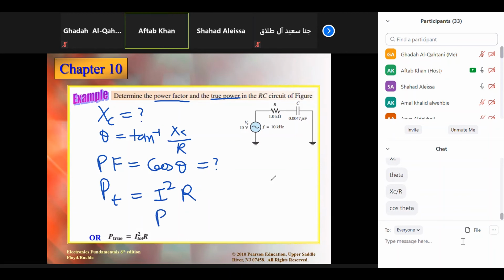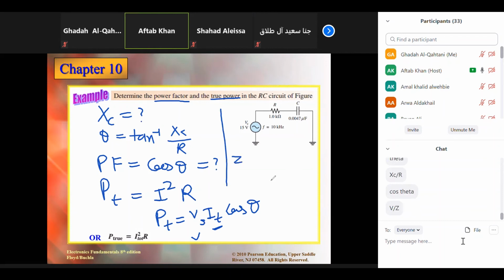Do you remember this formula? P is equal to V I cosine theta. Yeah, this one. So theta value, what is coming? But again, we need to know I total, but we don't have I total, correct? So I total we can calculate by calculating Z, as you just mentioned.